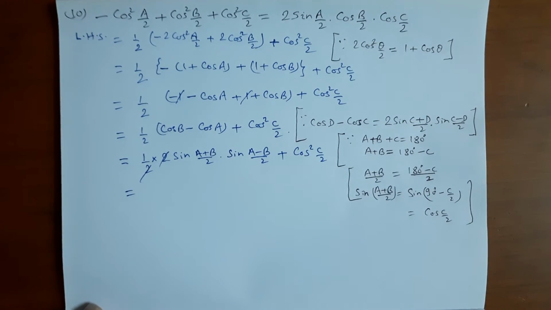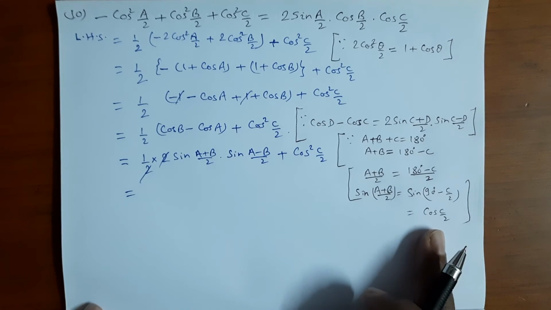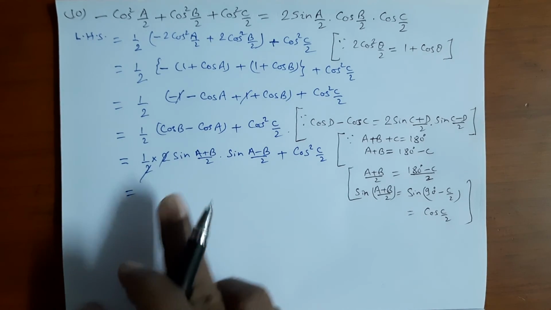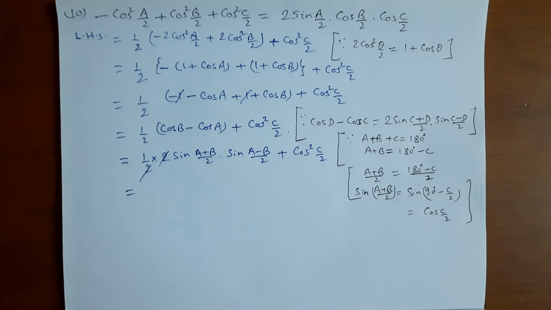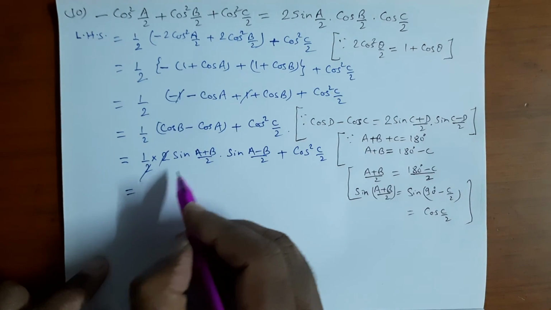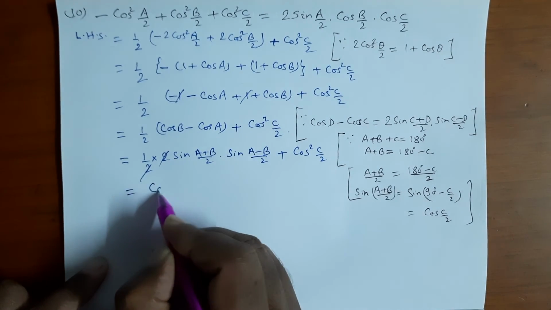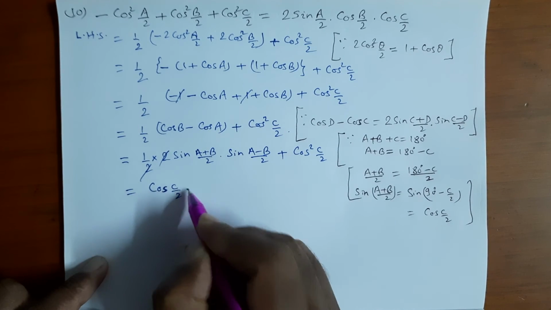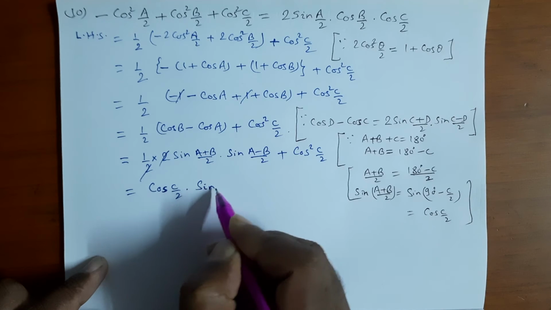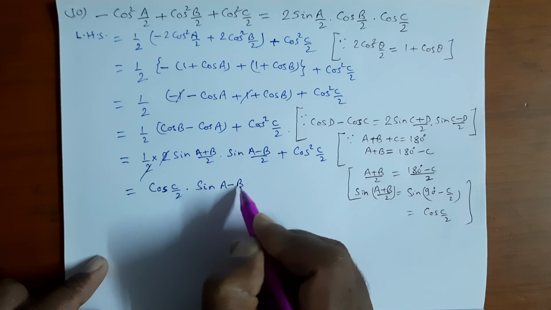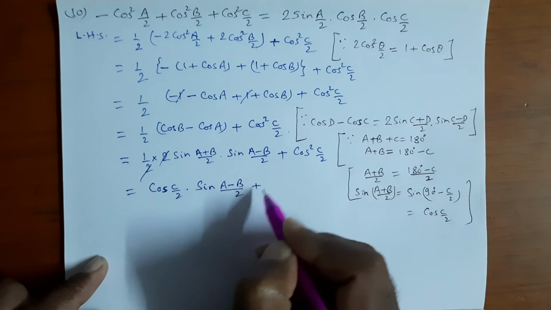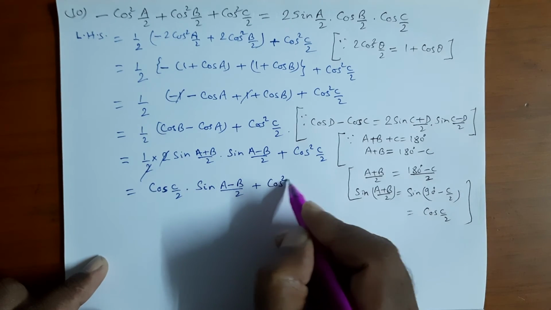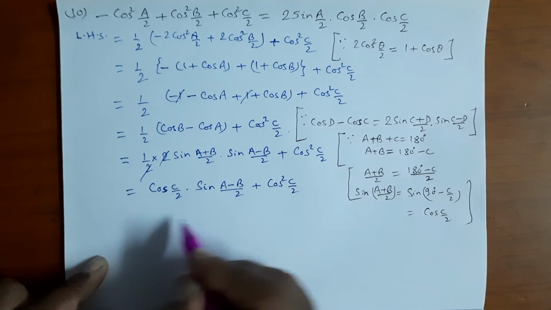This way, for sine (a plus b)/2, we have cos c/2 that we can use here. And here we have sine (a minus b)/2 plus cos square c/2.